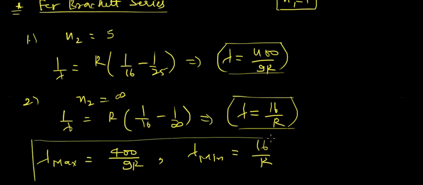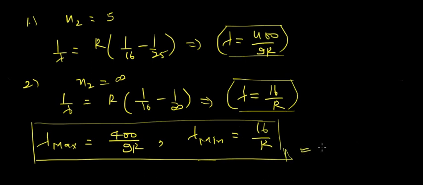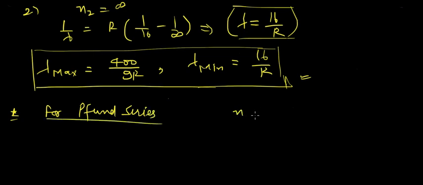I hope you know that we are doing all this calculation for the hydrogen atom. Then let's also calculate the Pfund series. For the Pfund series, we know that n1 would be equal to 5.